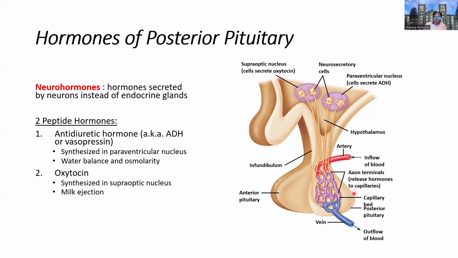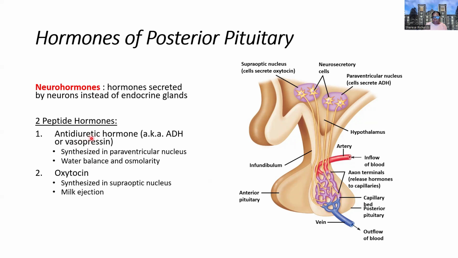So these are called neurohormones because they're being released from neurons instead of the epithelial cells of a typical gland.